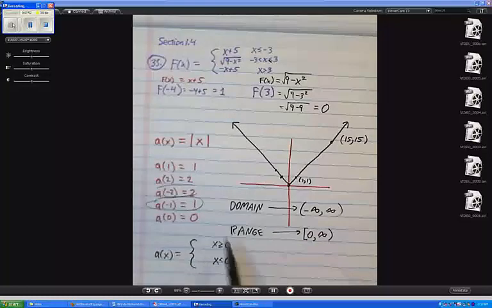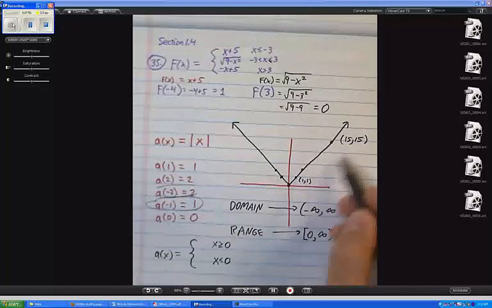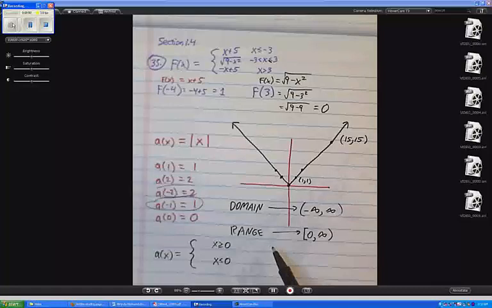I mean, take a look at the first two I did. 1, 1, 2, 2, 15, 15, all those positive numbers. Basically, isn't the input and the output exactly the same? So for that, I would say that a of x just equals whatever x is. You follow me?